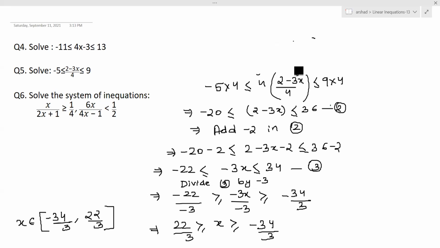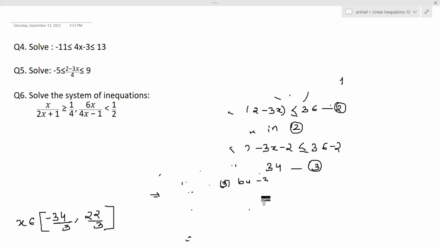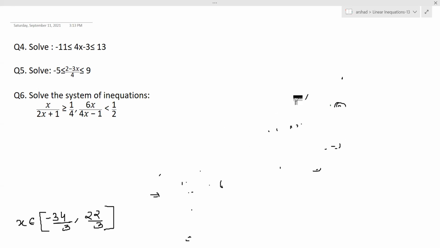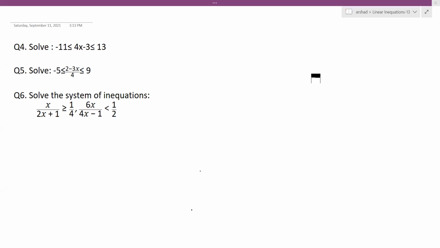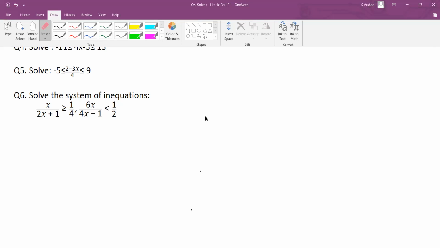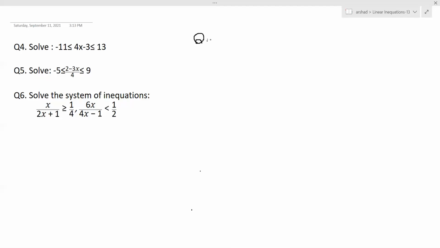Then please do the next question. Just give me a minute. Please try this question: 10 is less than or equal to -5x minus 2 less than 20. Okay, please try this question.